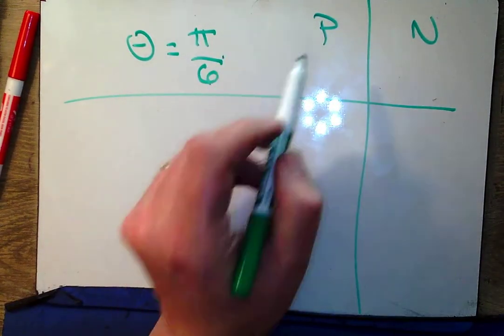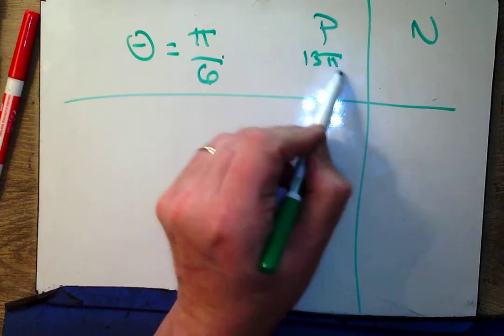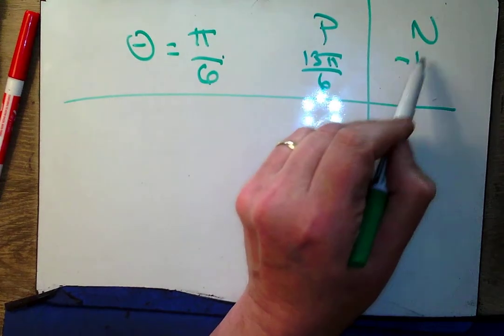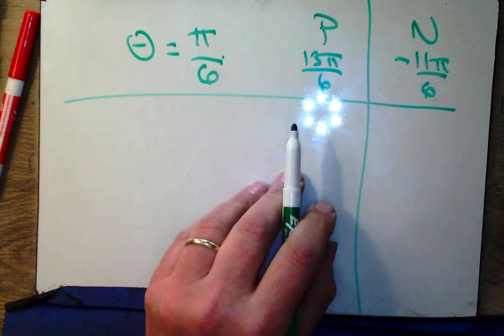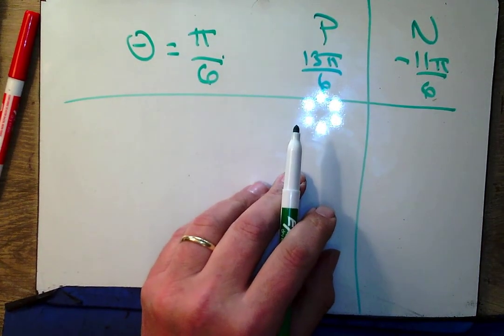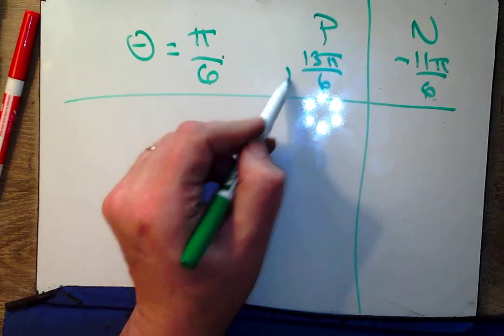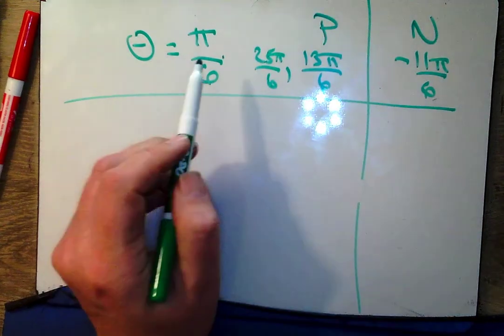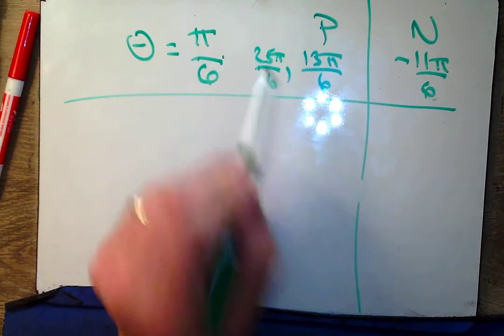Okay. 5, 4, 3, 2, 1. Well, if I add 2 pi to this, I'm going to have 13 pi over 6. And if I subtract 2 pi from this, I'm going to have negative 11 pi over 6. Now, there are some wicked people who will say, hey, but what about 25 pi over 6? Because if I add 4 pi to this, that's going to be that one.